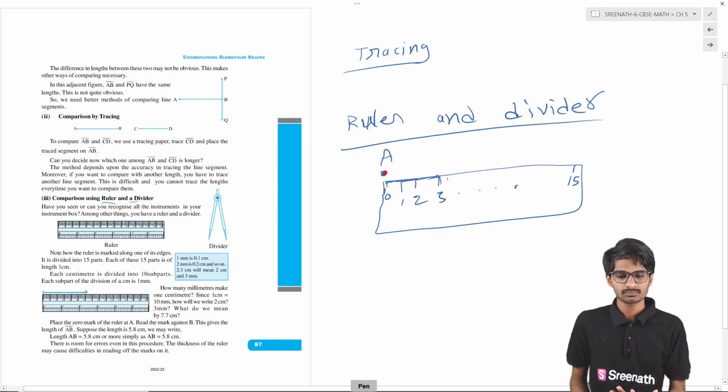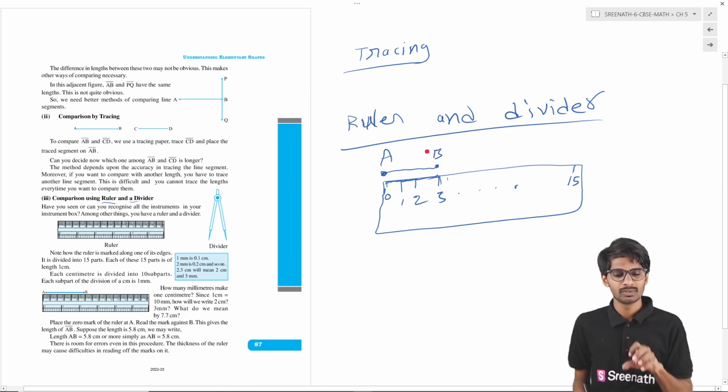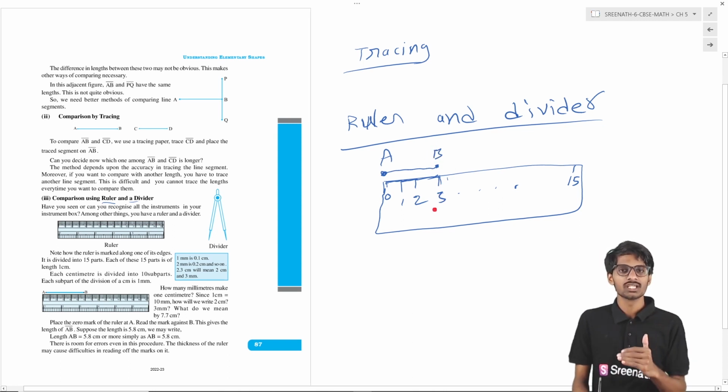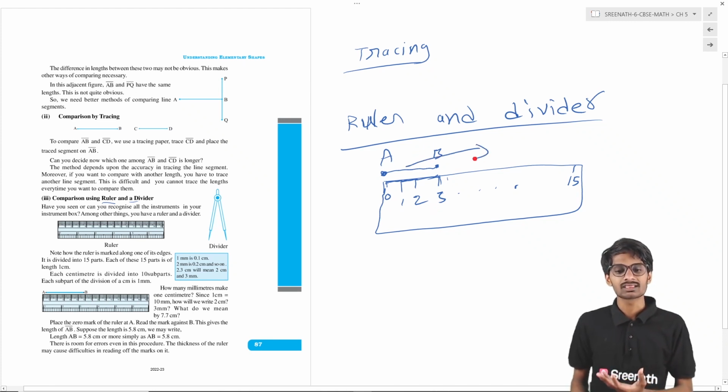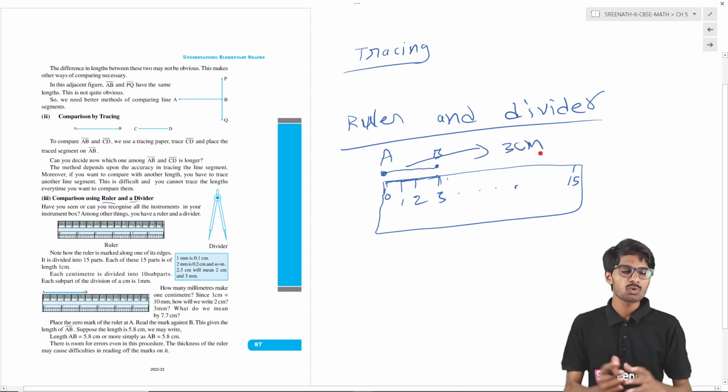Suppose the other end of the line segment, B, is coinciding with the 3 on the ruler, then we can say that the length of the line segment is simply 3 centimeters. Sir, how did you know, sir?